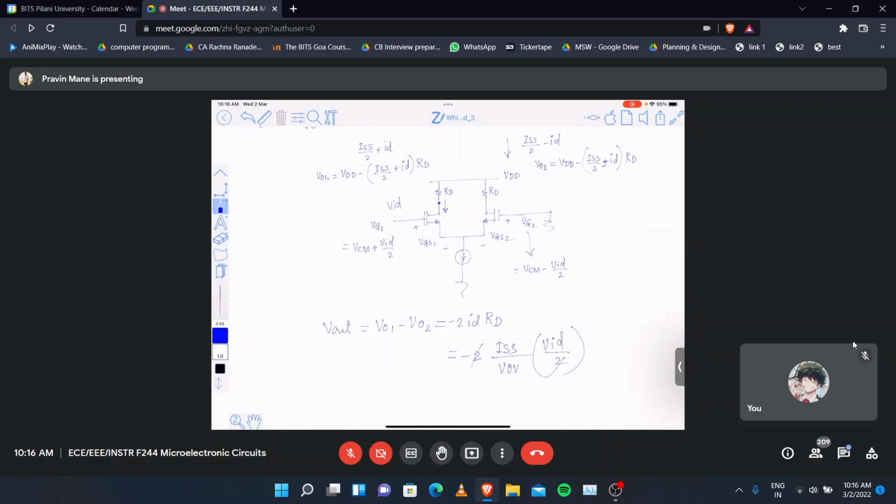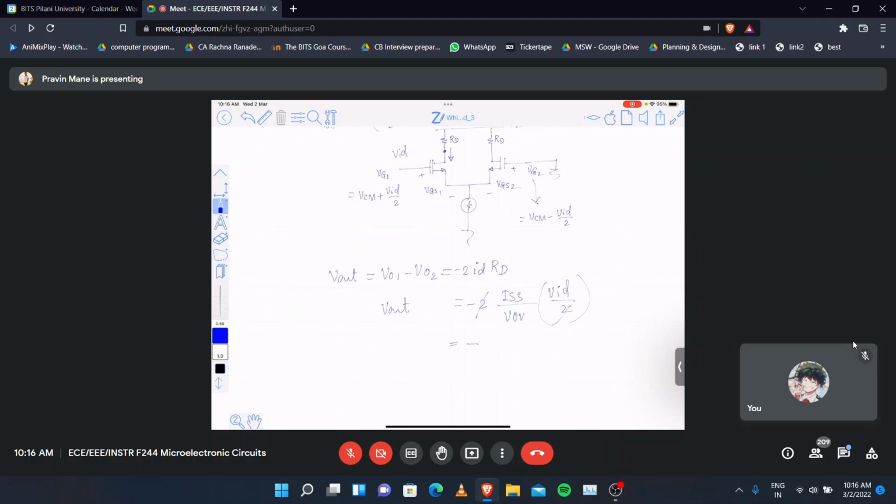So the 2 gets cancelled. So Vout is equal to minus ISS divided by VOV into VID into RD. Okay, I have missed RD here.